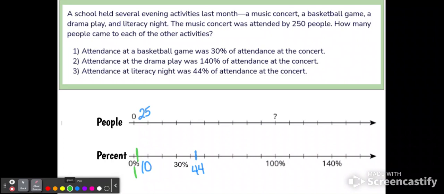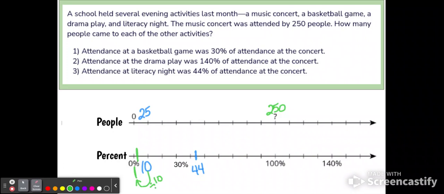Well, in order to find 1%, I could either scale down from 100, because I know that there are 100 ones in 100. But that's a lot of numbers to do 250 divided by 100. So I'm going to start with 10. Now I know I can scale down from 10 to 1 because there are 10 ones in the whole number 10.